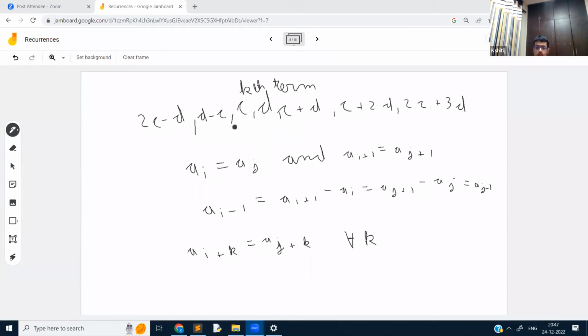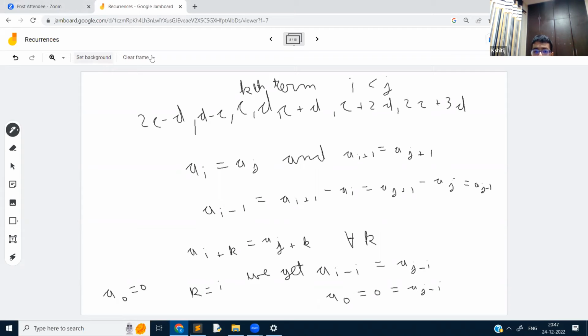Okay, so I'll proceed. Now we have taken i less than j. Obviously, a0 is equal to 0. So if we substitute k equal to minus i, we get ai minus i equal to aj minus i. a0 equals 0 equals aj minus i.